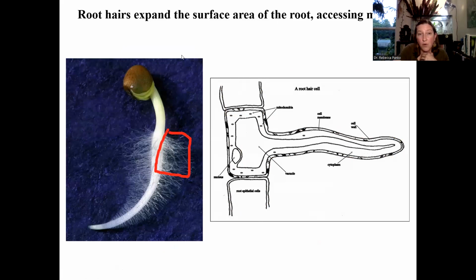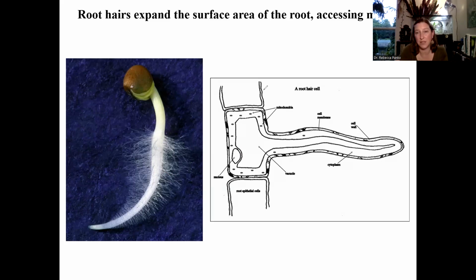And that's super helpful because that allows the root hairs to get into little crevices between soil particles or between pavement and the soil. It can really grow. It's so little and thin. It could really reach in between those little soil bits.